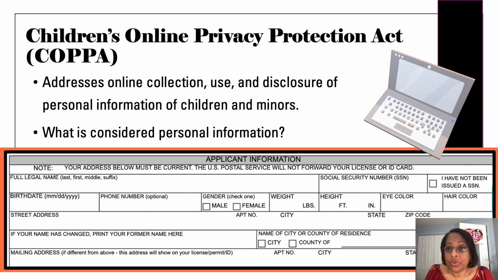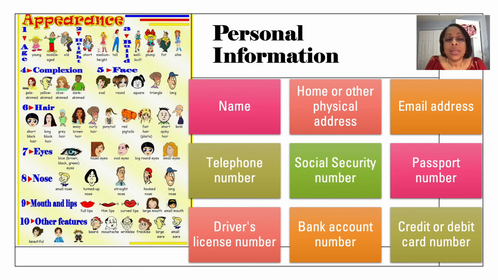What is considered personal information? Here's an application form that has personal data, personal information on there. This slide has more detail, and students should know what they should not share online freely.